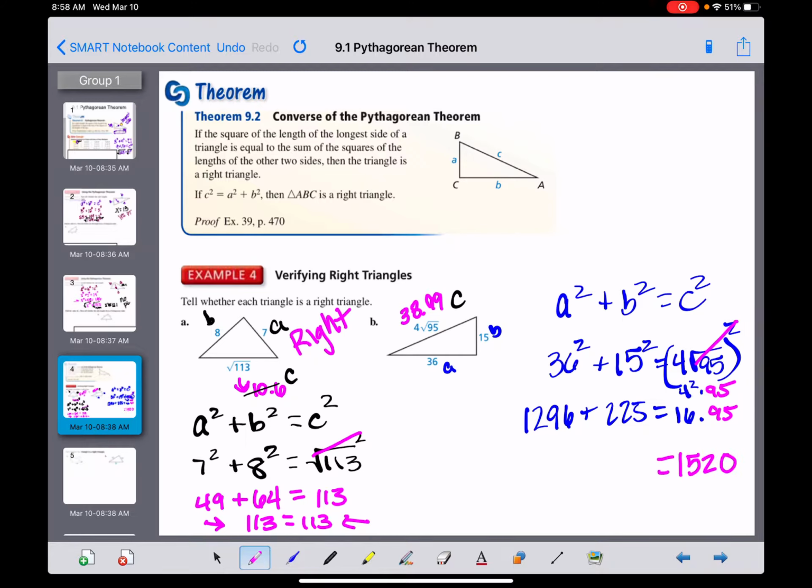And then 1,296 plus 225 is 1,521. These are not equal, so our second example is not a right triangle.